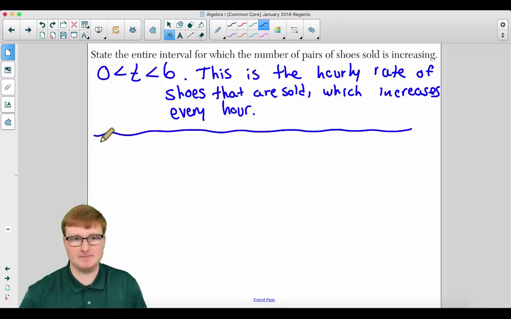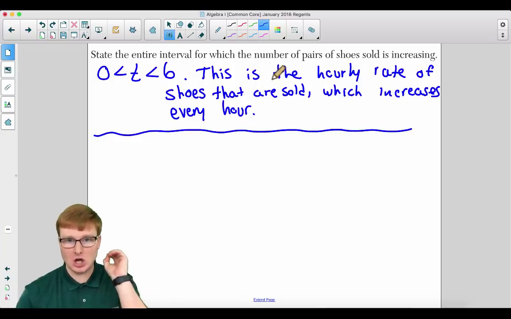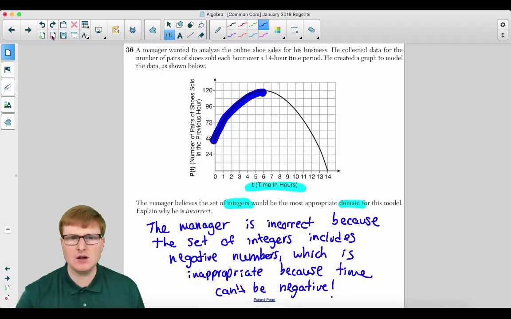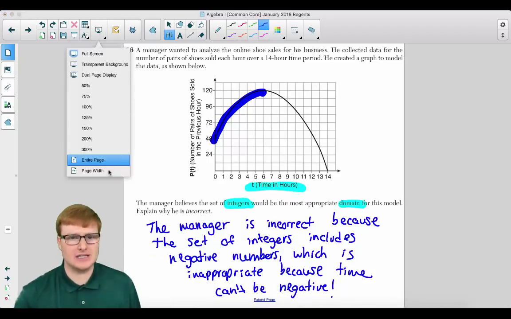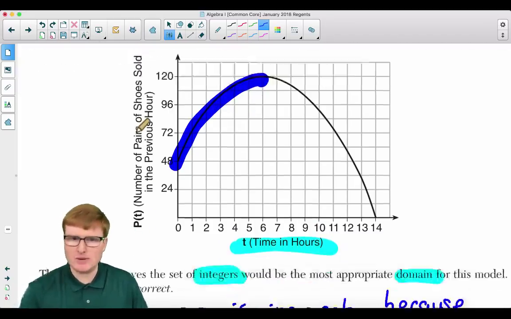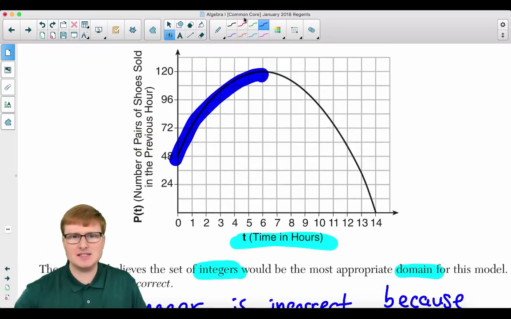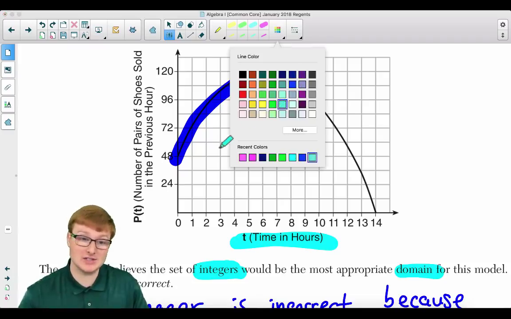But there's another answer. It says state the entire interval for which the number of pairs of shoes sold was increasing. Folks, the whole thing is increasing. And you're probably saying to yourself, what are you talking about, Trevor? It's negative past here. Why is it increasing? Well, think about it. Look at this.